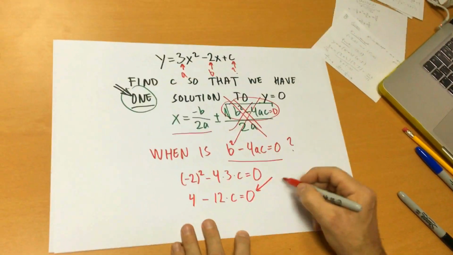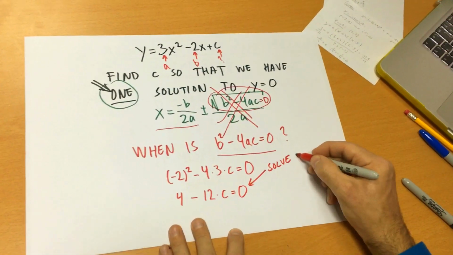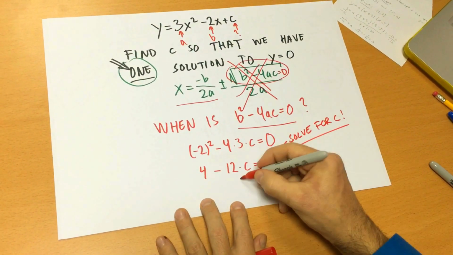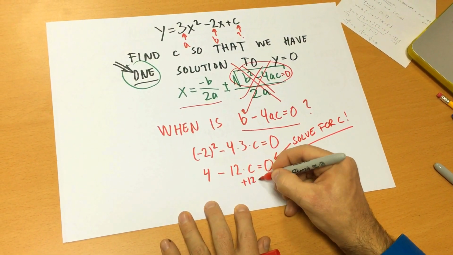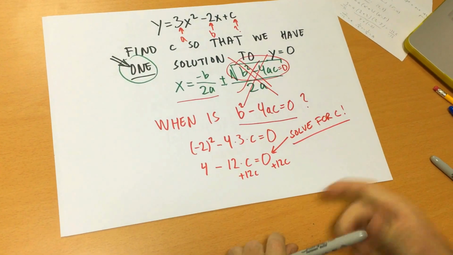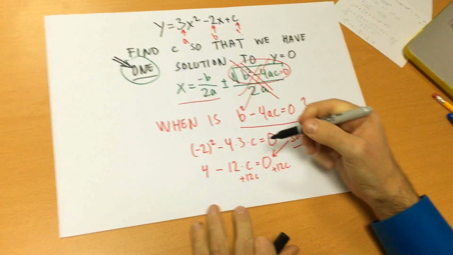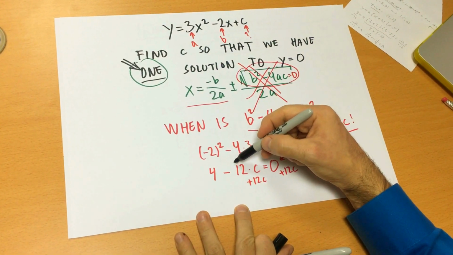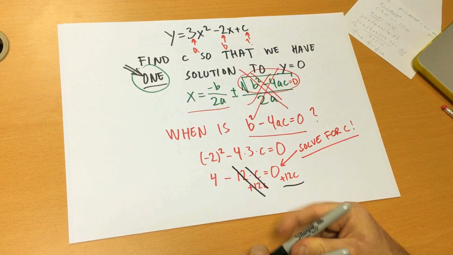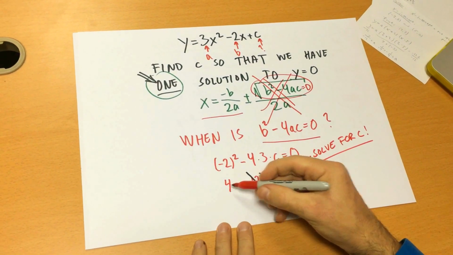So now I just need to solve for c. Let's add 12c on both sides. It means that the 12c on the left-hand side cancels out, but I get a 12c on the other side. The 4 is still there.